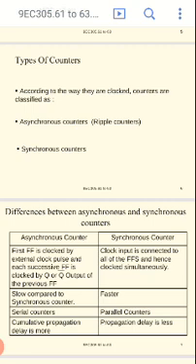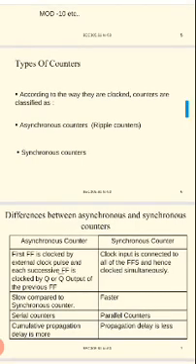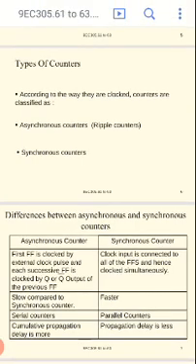Asynchronous is slow compared to the synchronous counter. Synchronous counter is faster than asynchronous. Asynchronous counters are serial counters.